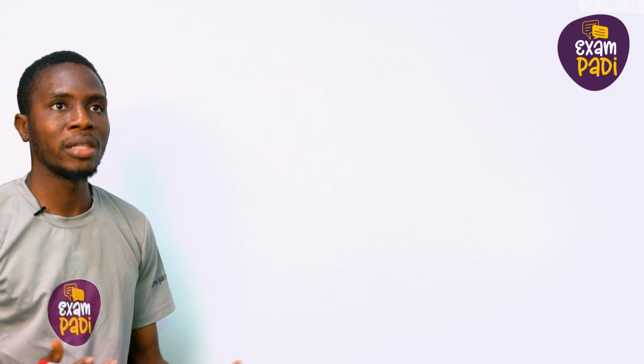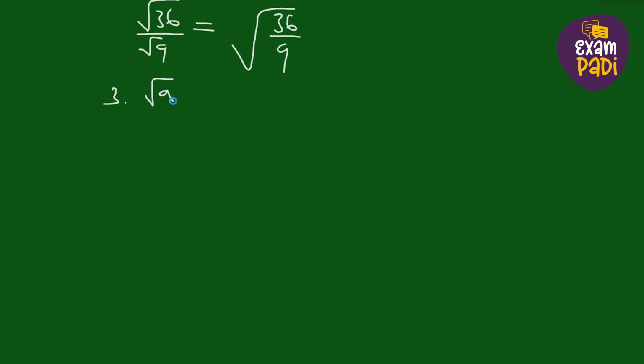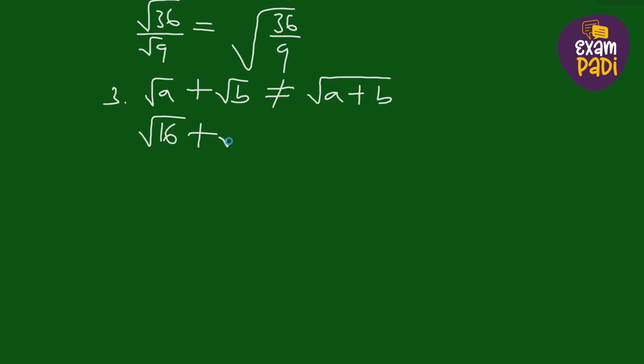Rule number 3. This is the addition rule. Square root of A plus square root of B is not equal to square root of A plus B. For example, square root of 16 plus square root of 4 is not equal to square root of 16 plus 4.